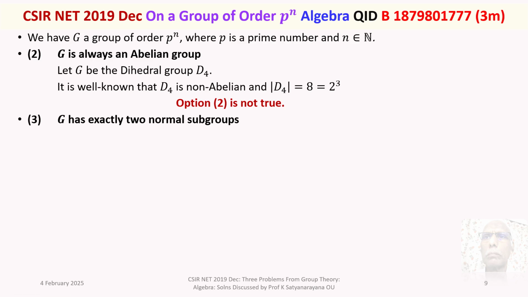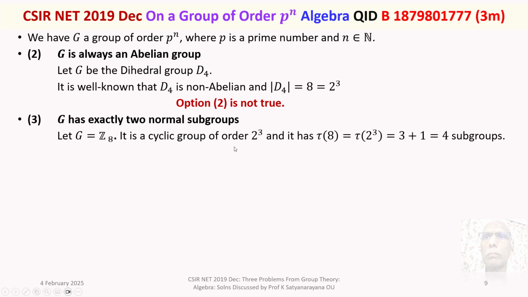So let us now consider G equal to Z8, the cyclic group of order 2 cube. The number of subgroups is given by tau of 8. How to calculate tau of 8? Tau of 8 is tau of 2 cube, and that is 3 plus 1, that is, 4 subgroups.